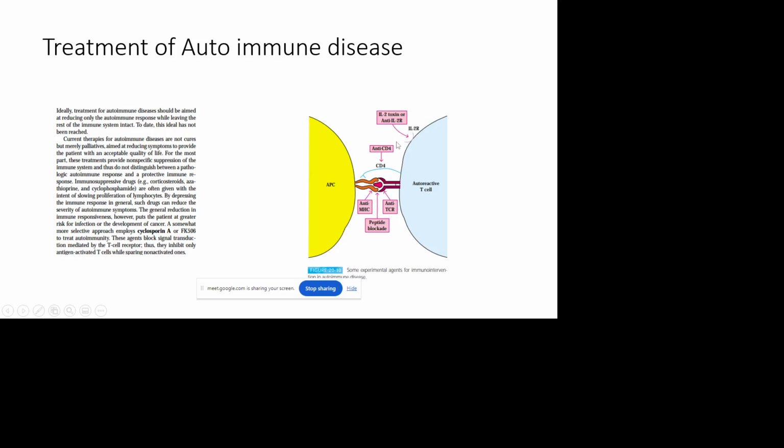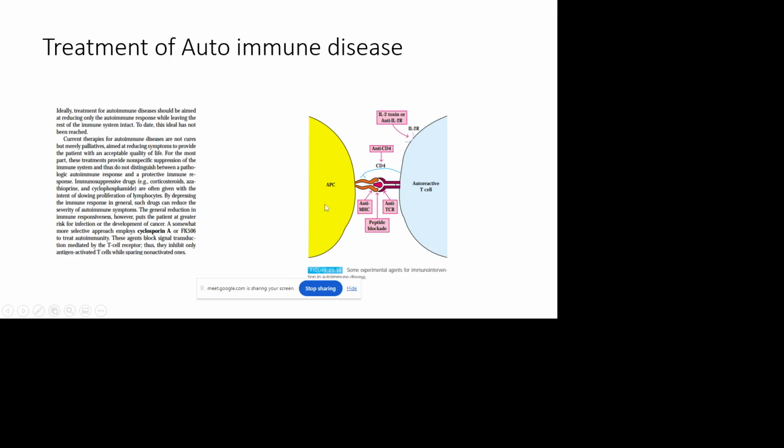The antibody will bind to the IL-2 receptor, so it will block the IL-2 receptor, and IL-2 cannot come and bind, so it cannot activate the T cell, right? So that's why you can suppress the immune response. And IL-2 toxin will bind the IL-2 receptor and prevent IL-2 from binding here, so the T cell will not be activated.